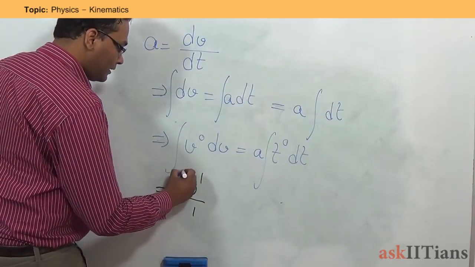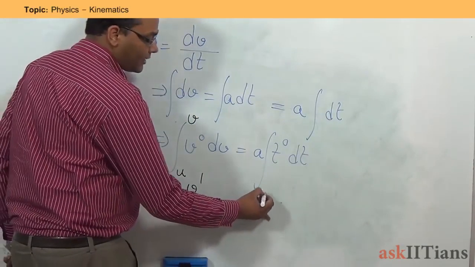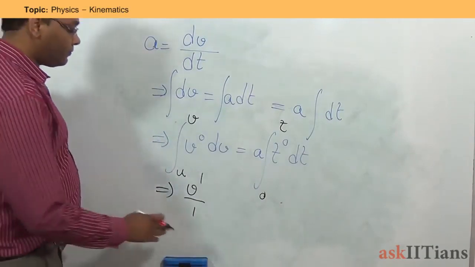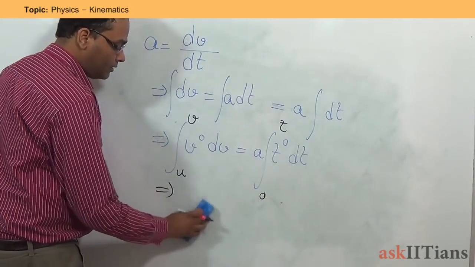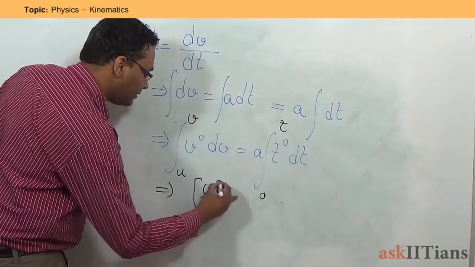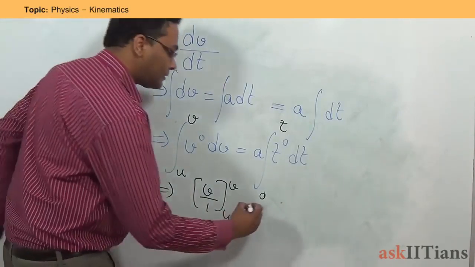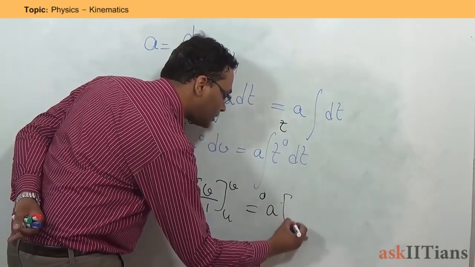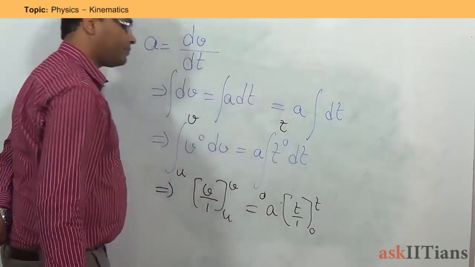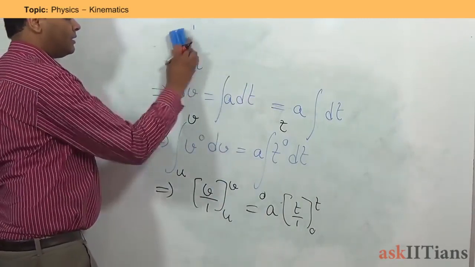So if I say that initial velocity is u, final velocity is v, initial time is 0, final time is t, what I can simply do here is, this becomes v divided by 1, and you need to substitute the lower and upper limits, and same here. So this becomes t over 1 integrated between 0 and t. So this results into what? Let me write it down here.